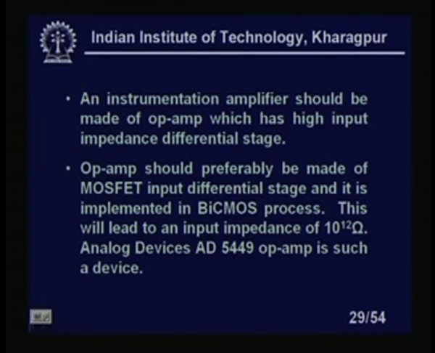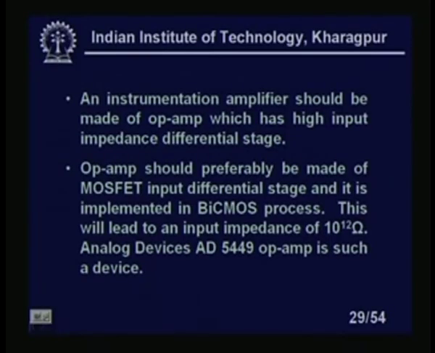implemented in BiCMOS. BiCMOS, as you know, is a bipolar complementary metal oxide semiconductor process, by which we have both bipolar devices as well as MOS devices on the same wafer. This type of amplifier will give the proper impedance and can be utilized to measure the pH voltage.